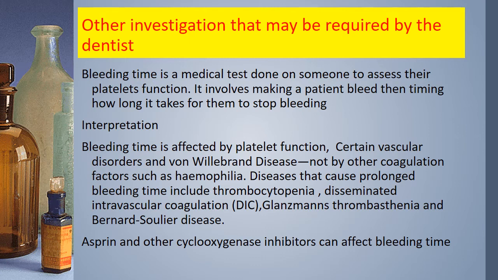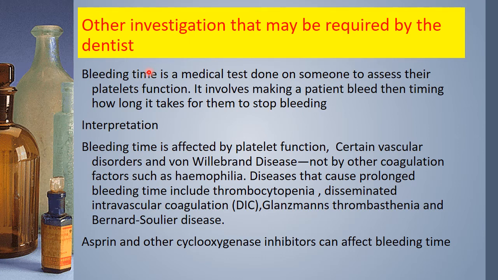It may give me an indication of the time which is required by the blood in order to stop bleeding. So any abnormality in the bleeding time may give me an indication that the platelet function does not work correctly.